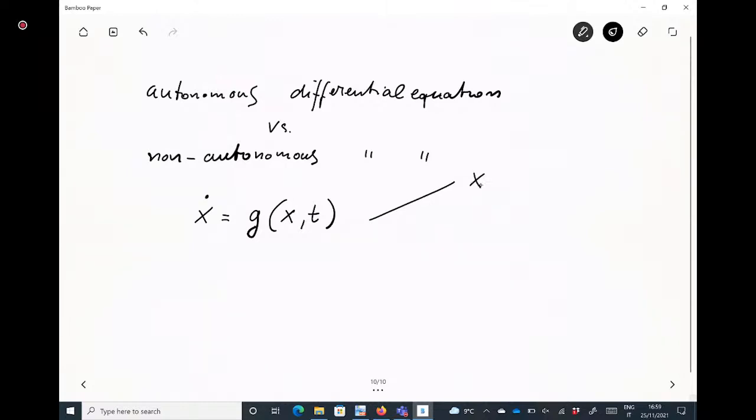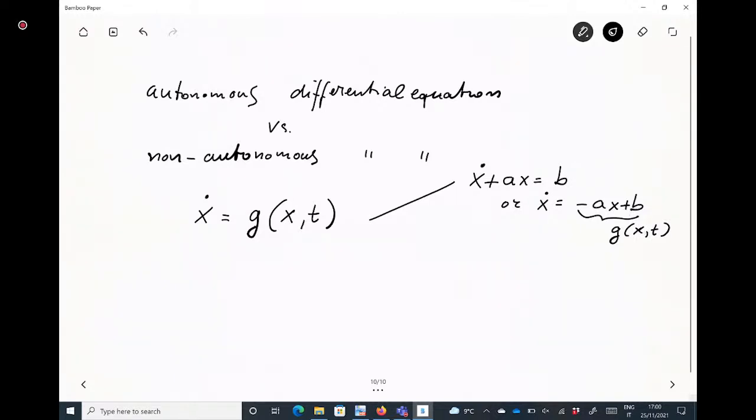For instance, x dot plus ax is equal to b is an example of this type, because it is x dot equal to minus ax plus b. So this is in principle a function g of x, t, but there is no explicit dependence on t, but it can be regarded as a constant function of t.